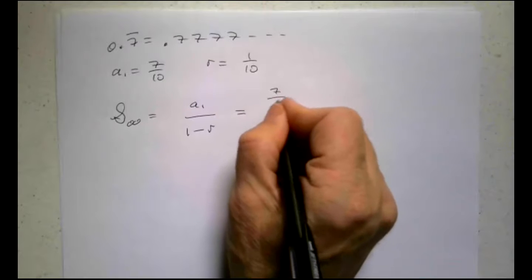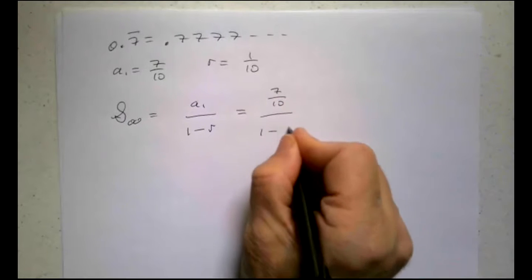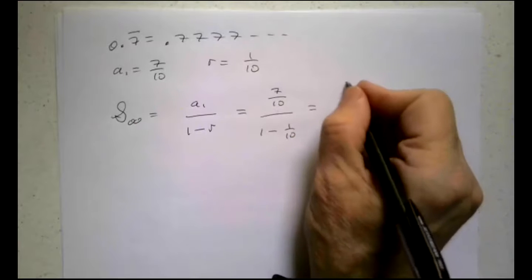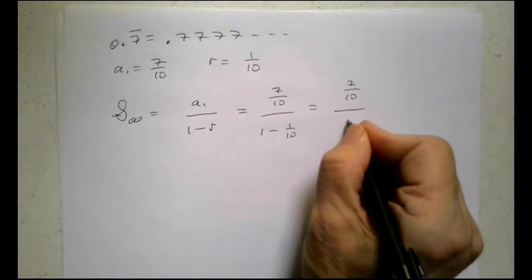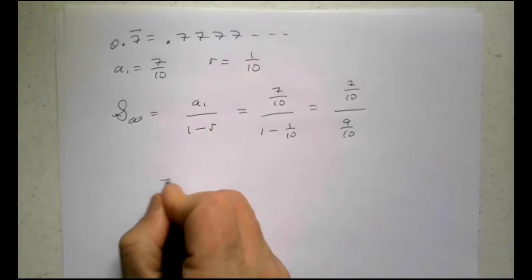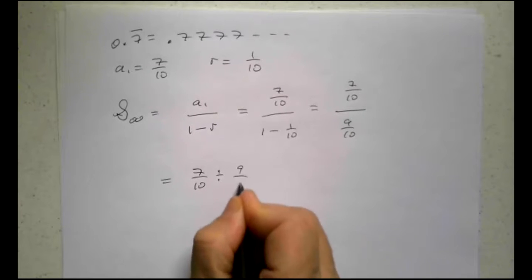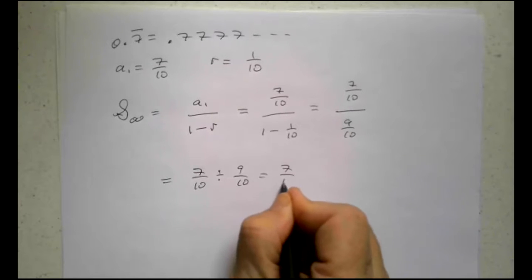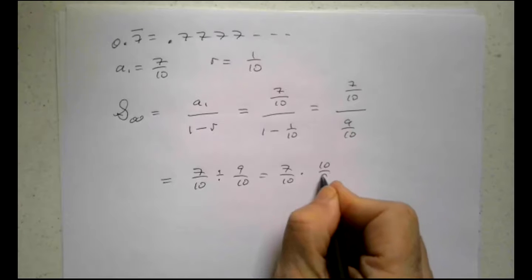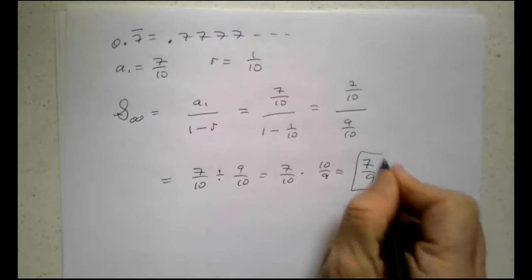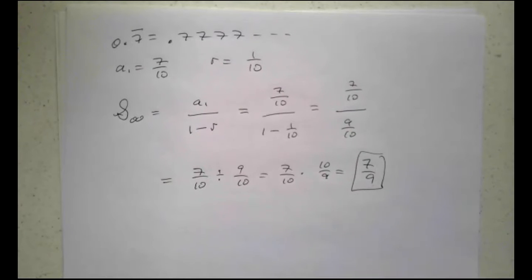First term, 7/10, divided by 1 minus 1/10. 7/10 over 9/10, which is 7/10 times 10/9, which is 7/9.